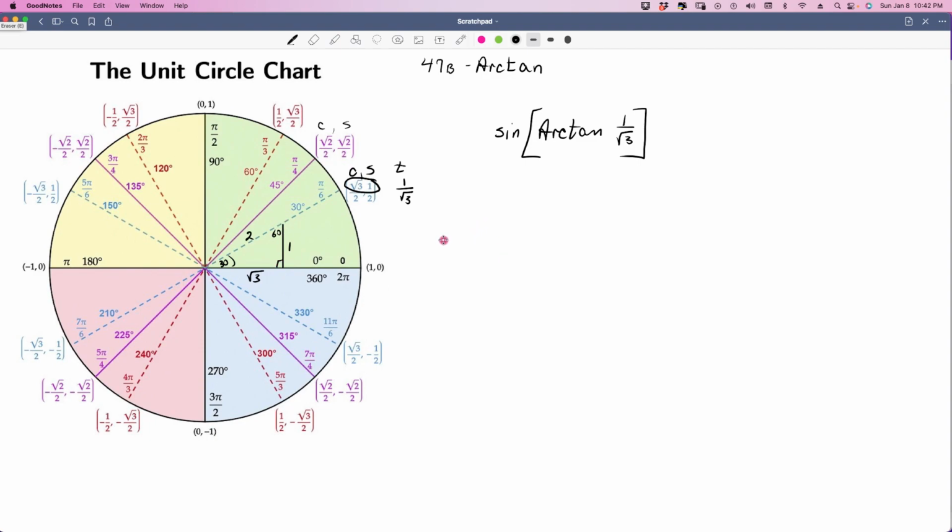So how do we use this in regards to our arctan? Well, we know that our arctan, with the capital A, means that we are limiting ourselves to which quadrants we want to use the tangent reference for. And we do that because we want to limit it to just the positive tangent or the negative tangent.